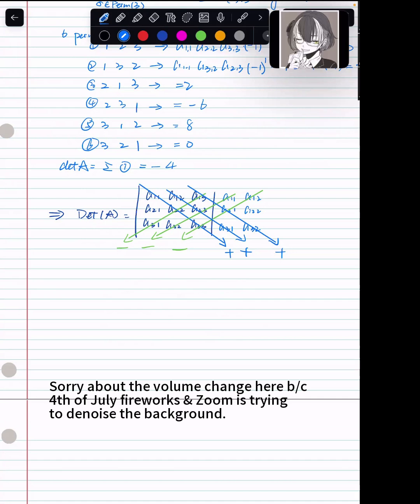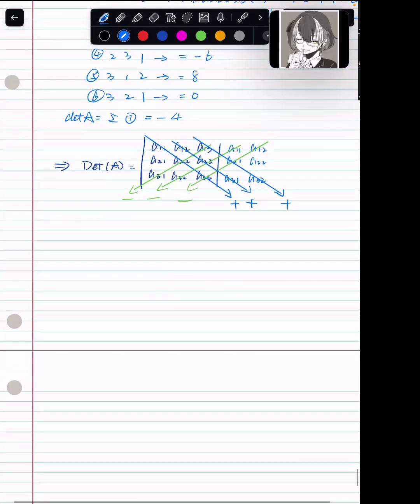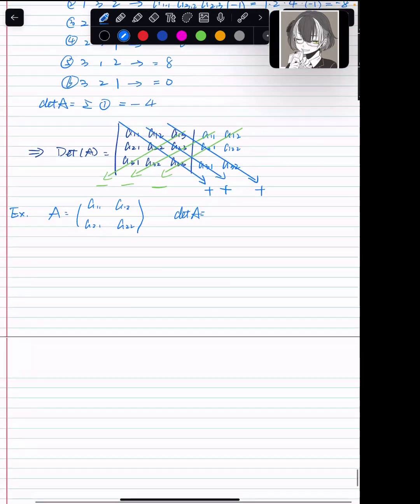All right, so this is for 3x3 matrices. And for 2x2, we have a very similar pattern. For example, if we're having a 2x2 matrix A that equals A11, A12, A21, A22. By definition, we know the determinant of A equals the sum over the permutations of 2.